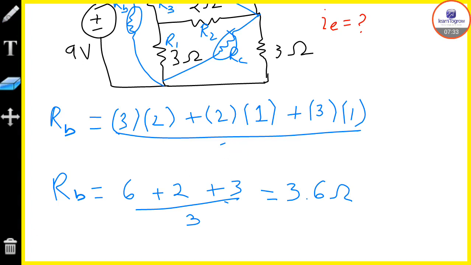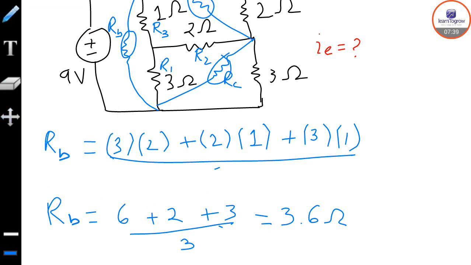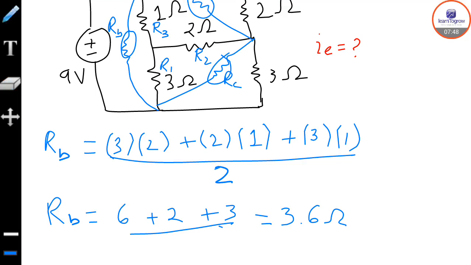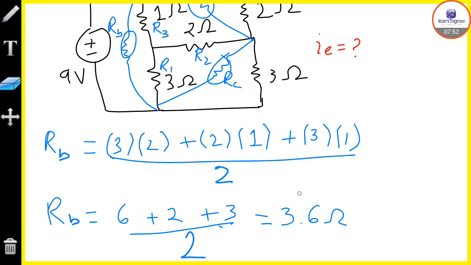Okay, the denominator will become, for RB it is R2, for R2 it is 2. Here it will also change, and 11 upon 2 makes 5.5.